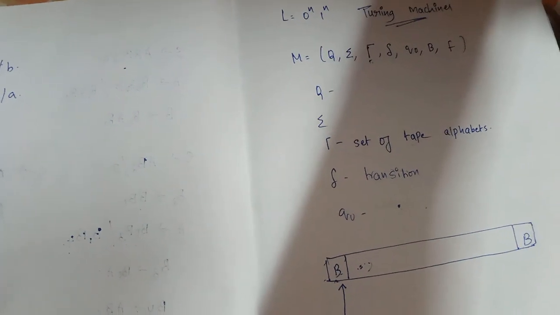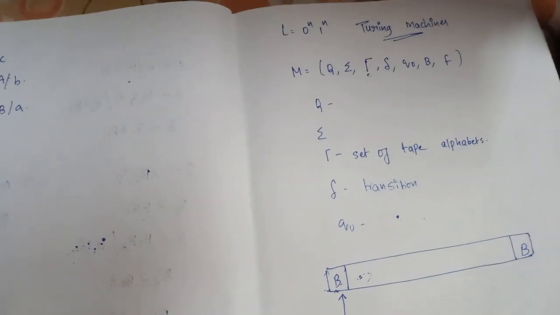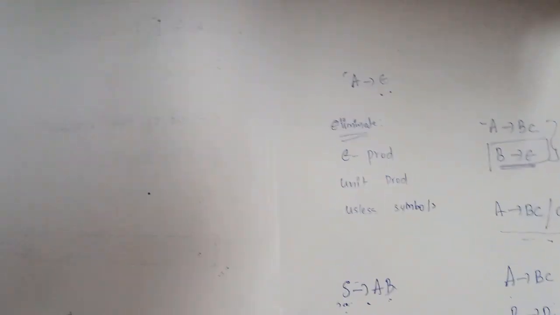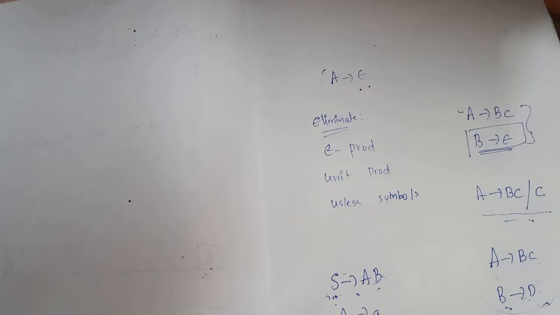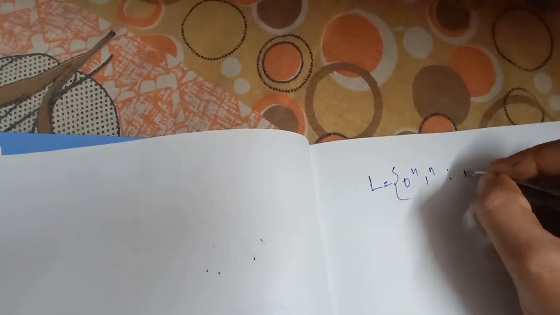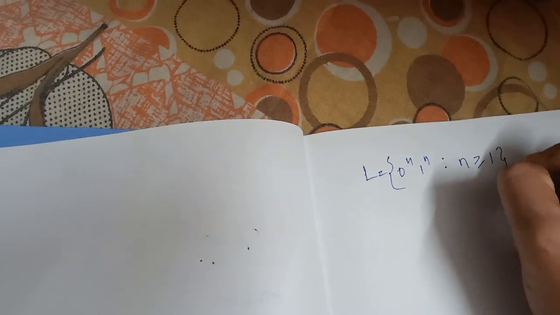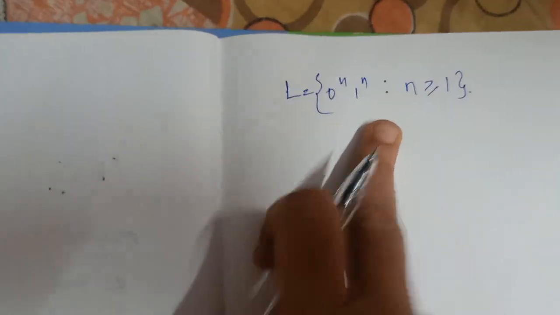Now we are going to learn a simple model to design a Turing machine. For the language L = 0^n 1^n, such that n is greater than or equal to 1, we have designed the pushdown automata.